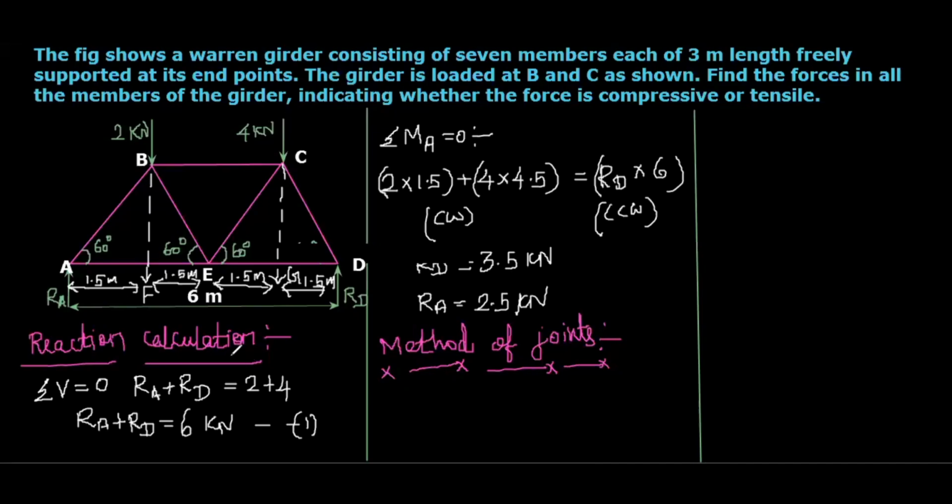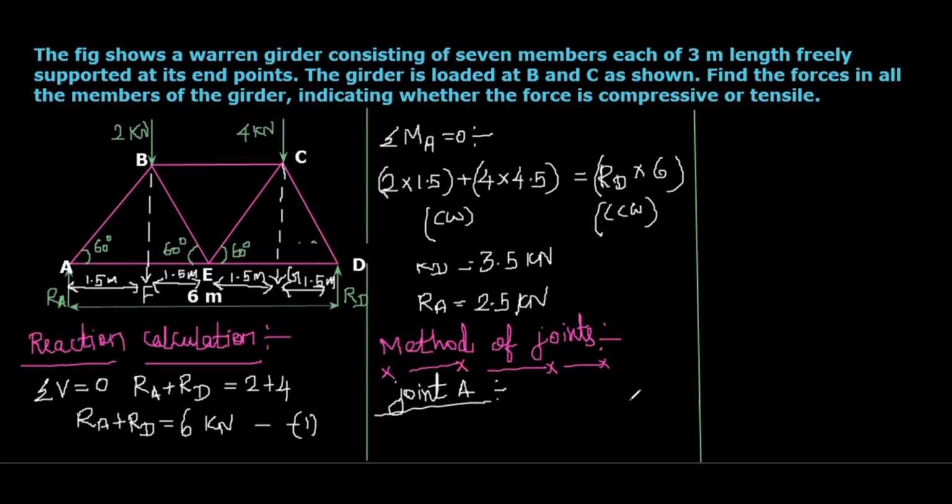First, I'm going to start with the joint A. As I mentioned in the previous numericals, we are going to start with the joints from the corners. So the first joint A. In joint A, there are three forces acting.